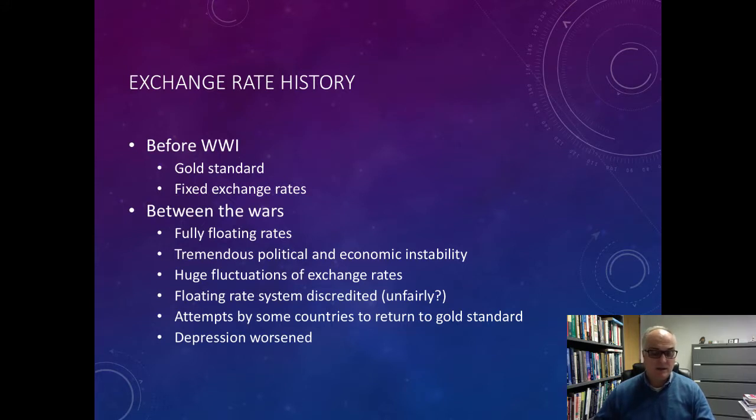Almost all of the economic actions that governments took in response to the Depression made it worse, not better, and this is another one. So the floating rate system was discredited because of a false association of causation. It was viewed as being a cause to the turmoil, whereas it was actually the turmoil that was causing the instability in exchange markets, not the other way around. And so going back to gold standard didn't fix anything, it just made things worse.